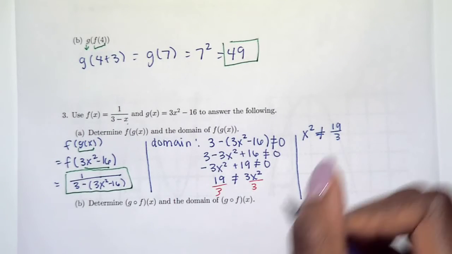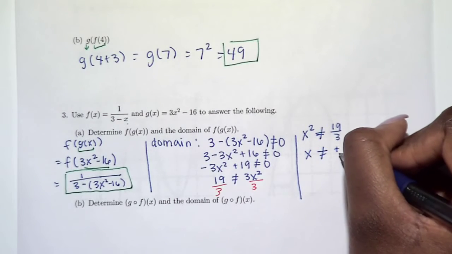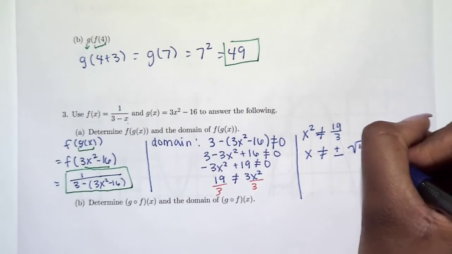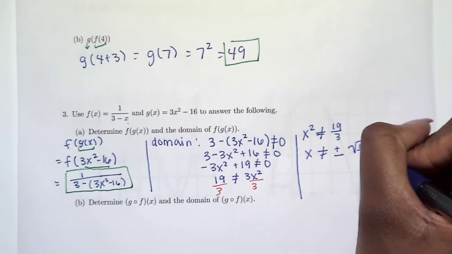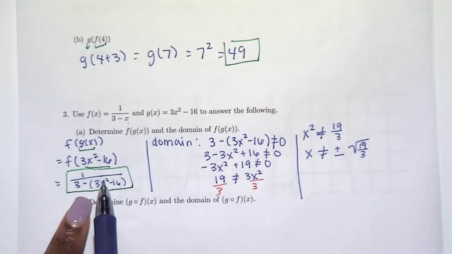Take the square root of both sides. X cannot equal positive or negative square root of 19 over 3. So it can't be positive square root of 19 over 3, and it can't be negative square root of 19 over 3, because that will make this denominator 0.